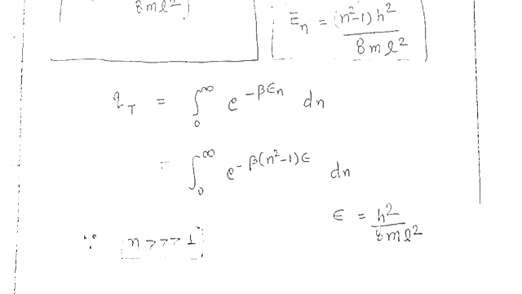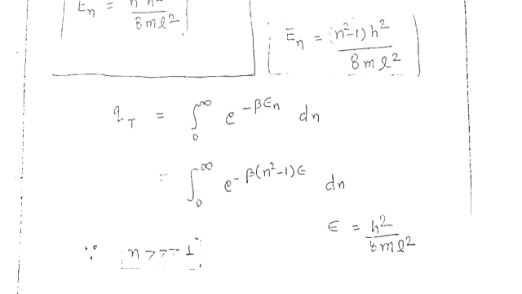What we know is that qt has this form. We had calculated the translational partition function for the system having zero point energy, and we had reached here.